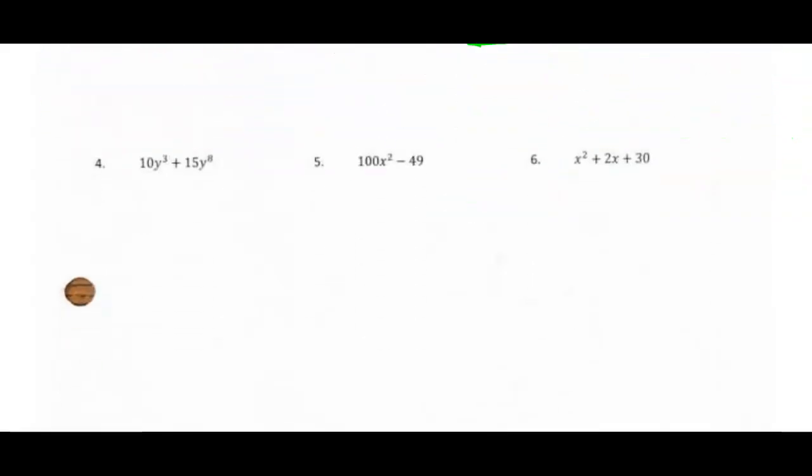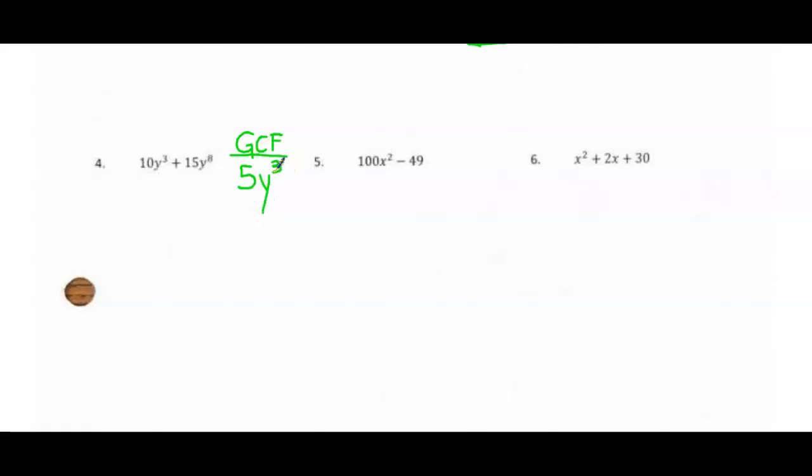Next 3. Number 4. I asked myself, is there a greatest common factor? Some of you will say, yes, I see 10 and 15, and the GCF is 5. But you also have to check your variables. They both have y, and the greatest common factor of the y's is y to the third.